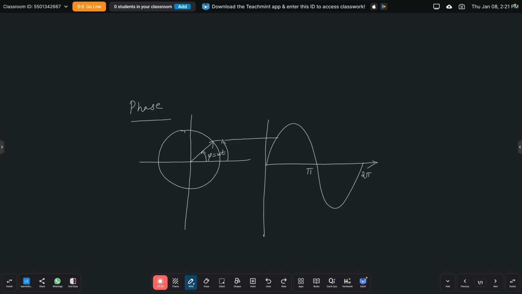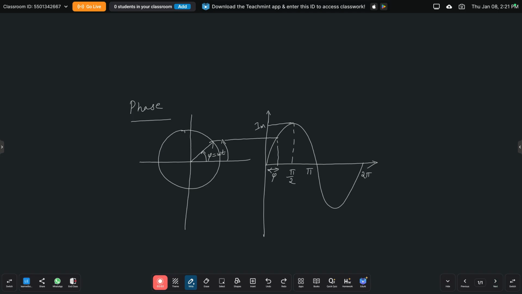This is called the phase of an AC quantity. Let us take this as the maximum current. In this way, the distance traveled by the AC quantity is nothing but the phase.